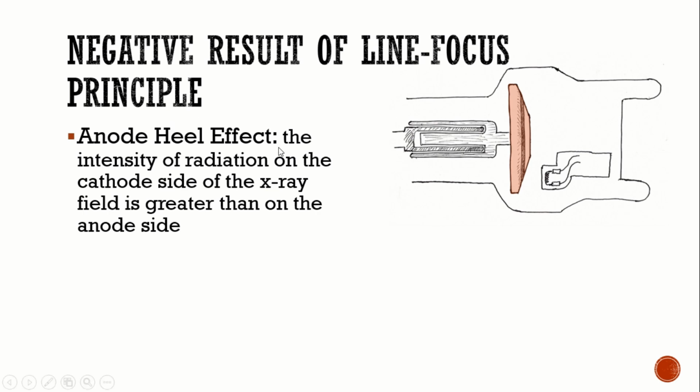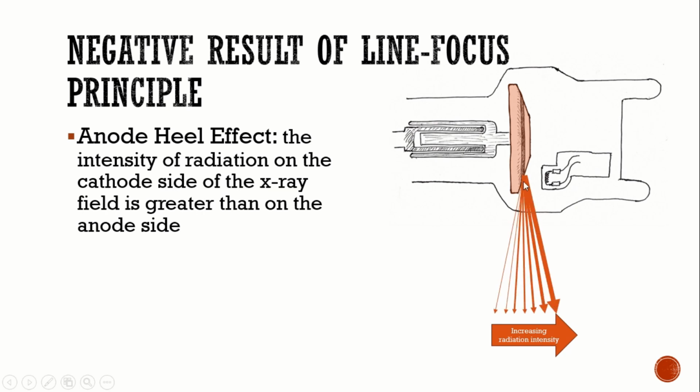The anode heel effect is that the intensity of radiation on the cathode side of the X-ray field is greater than on the anode side. So take note, the intensity is increasing towards the cathode side. This is the anode side. This is the cathode side. So towards the cathode side, the intensity of radiation is increasing.